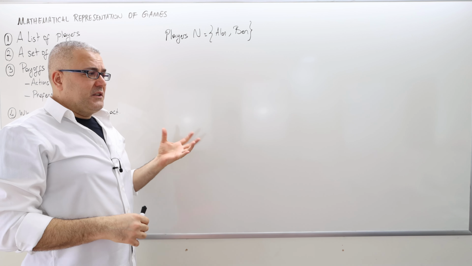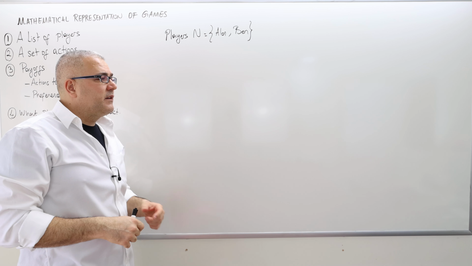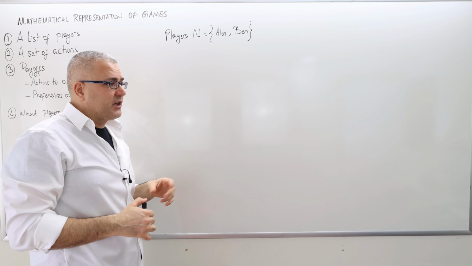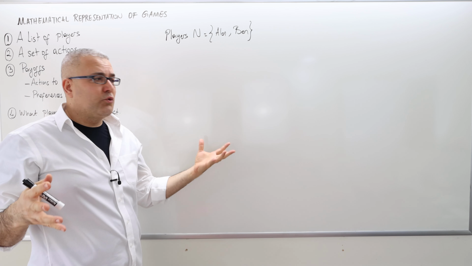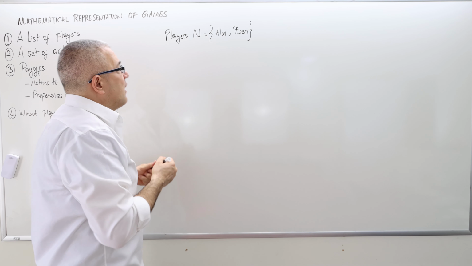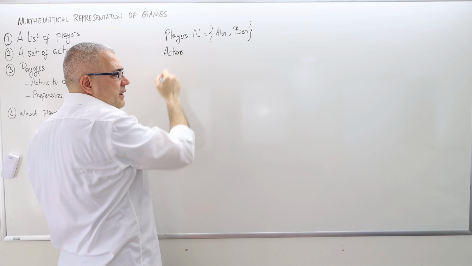The police suspect that they were also involved in a hit and run, but the police do not have the evidence to convict them on this charge. So these 2 prisoners are interrogated in separate rooms. Alan and Ben each have 2 possible actions. All right, so the actions. What are they?